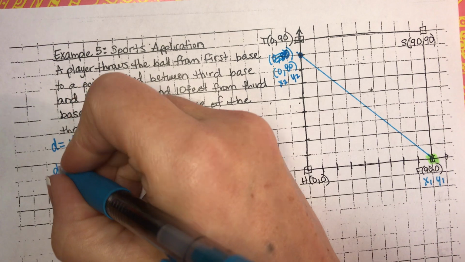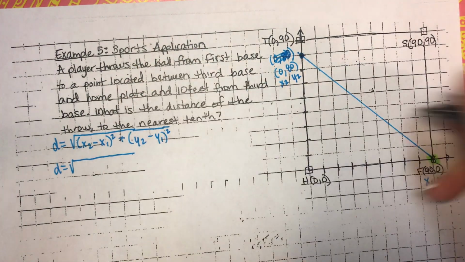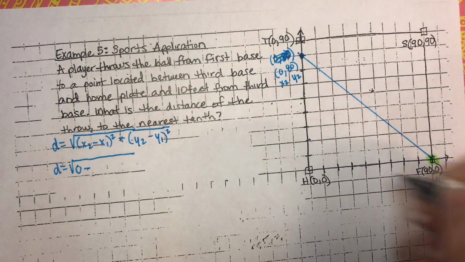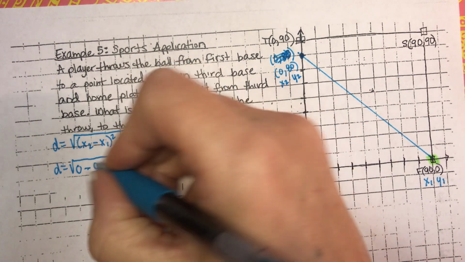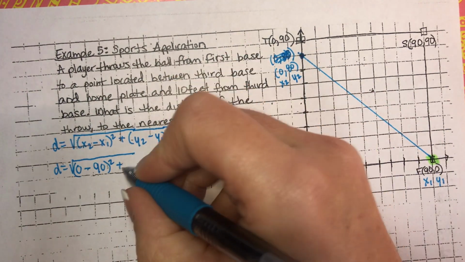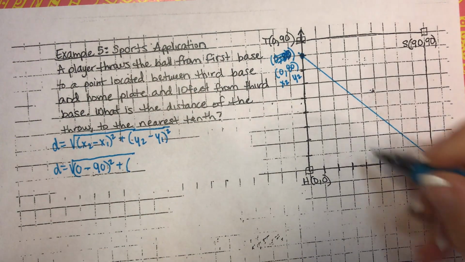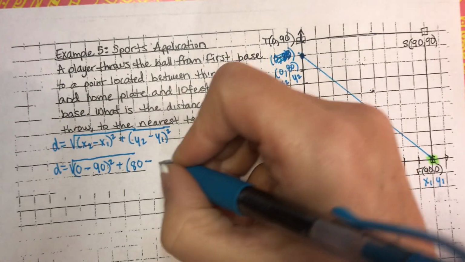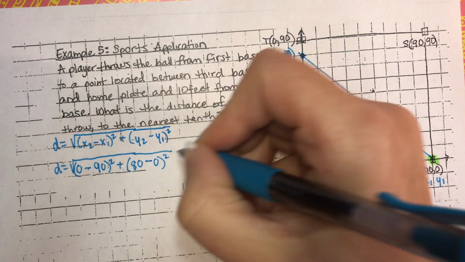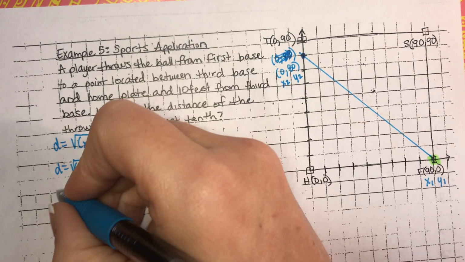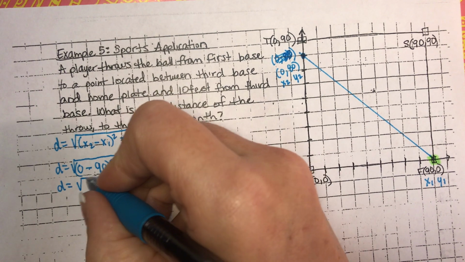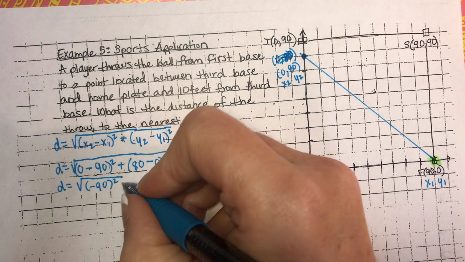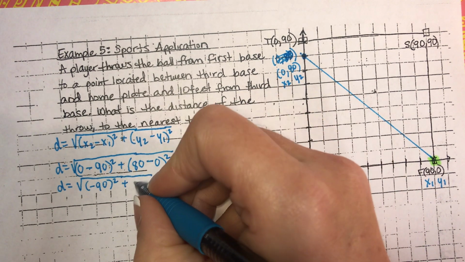Then I'm just going to substitute those values into this equation. So we get the distance equals the square root of x2, which is 0, minus x1, which is 90, squared, plus y2, which is 80, minus y1, which is 0, squared. So we end up with 0 minus 90, which is negative 90 squared, plus 80 minus 0, which is just 80 squared.